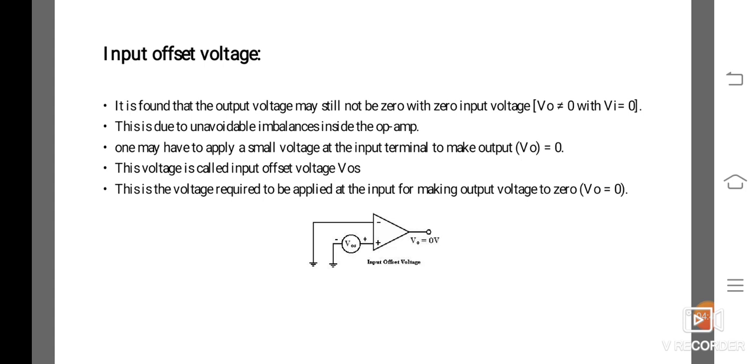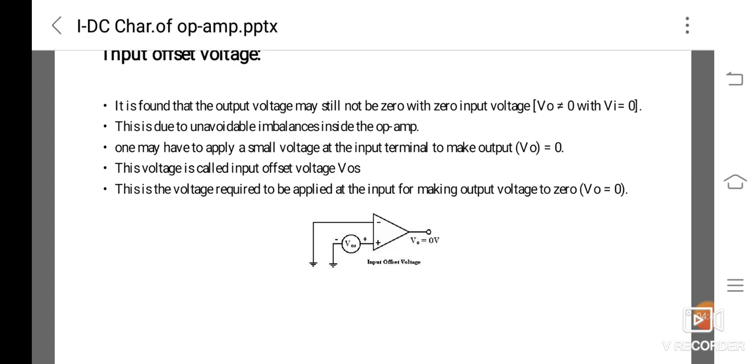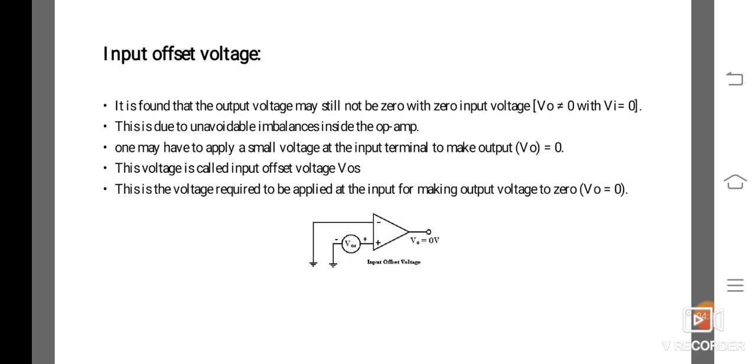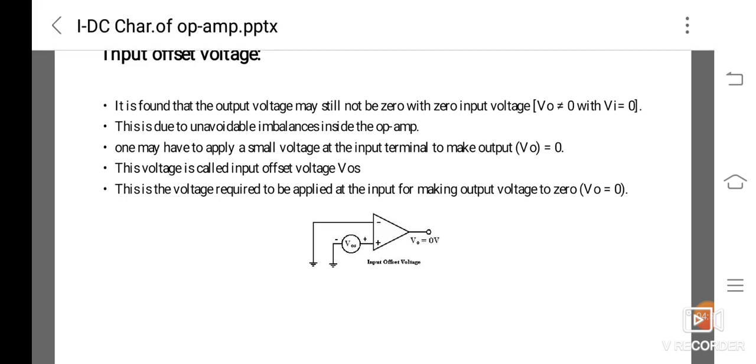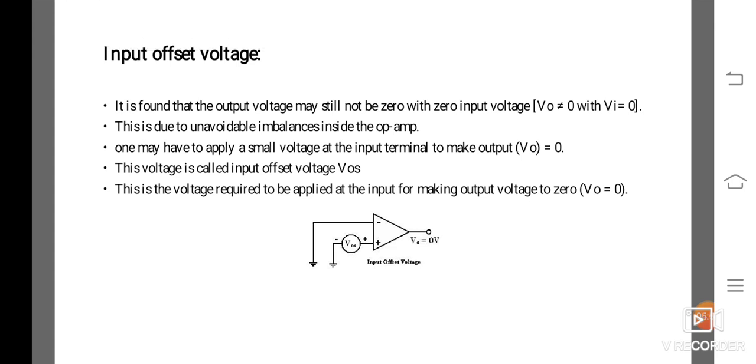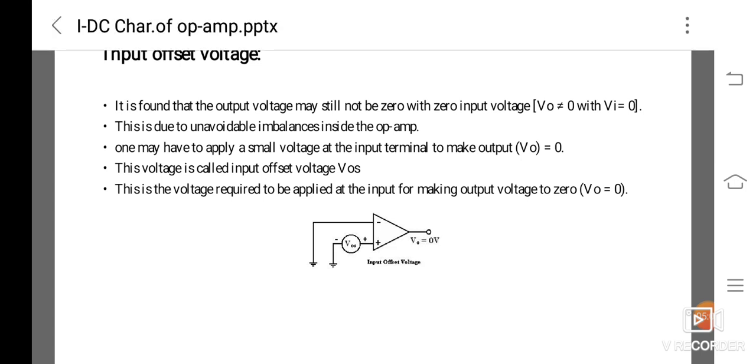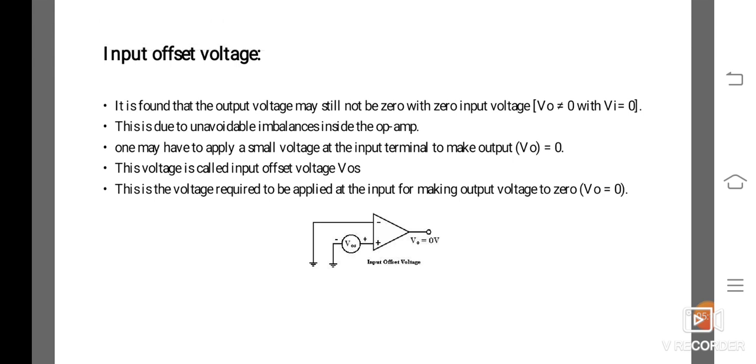That we have already studied: due to the biasing current in the op-amp, there may be some output produced. This is due to the unavoidable imbalances inside the op-amp. To avoid this, we give a small voltage at the input terminal to make the output 0.